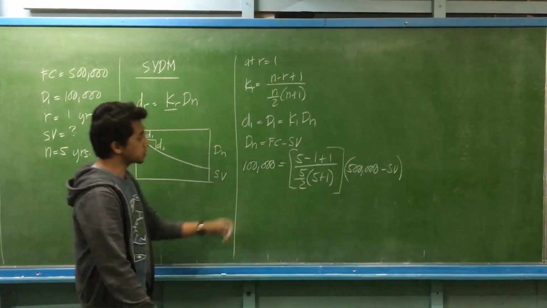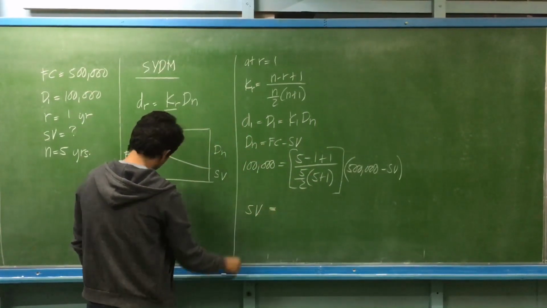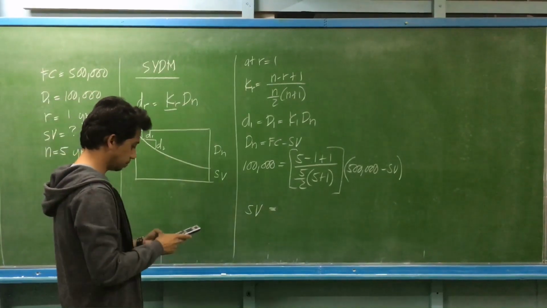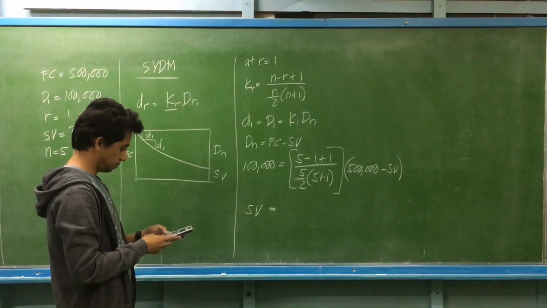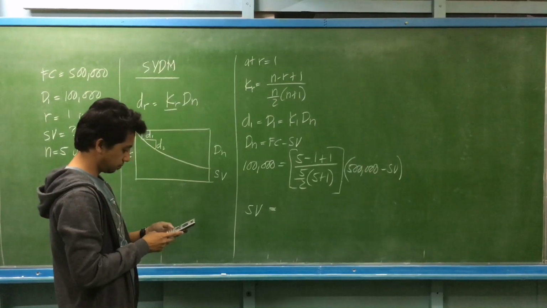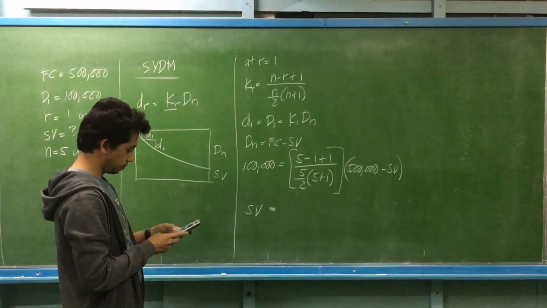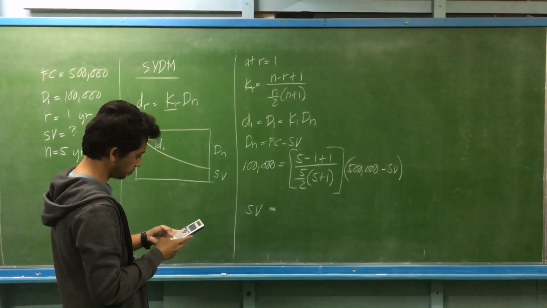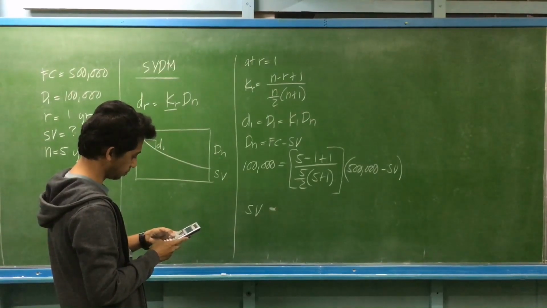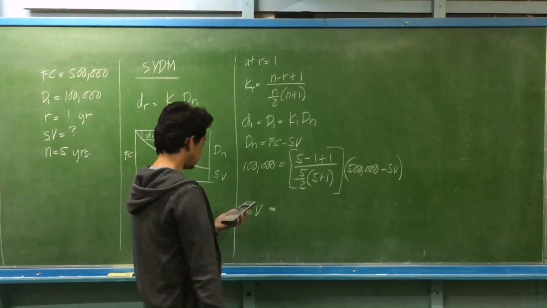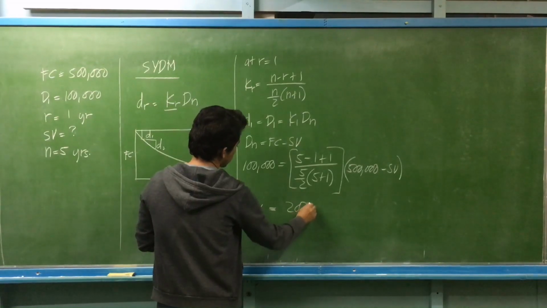So in this equation, mapapansin niyo yung unknown na lang dyan is yung salvage value. So salvage value is equal to 200,000.